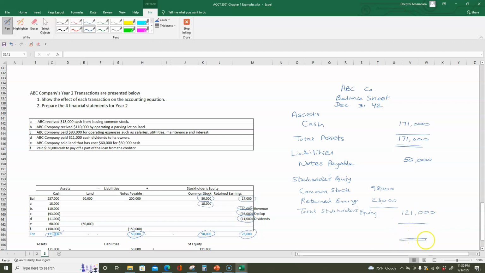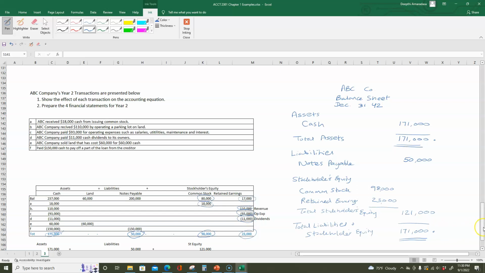That gives you total liabilities and stockholders' equity, equal to 50,000 plus 121,000 equals 171,000. We know we did our balance sheet correctly because our total assets are now equal to total liabilities and stockholders' equity.